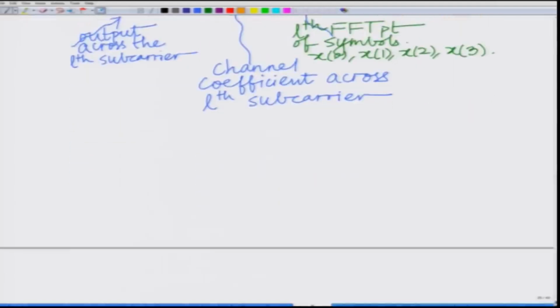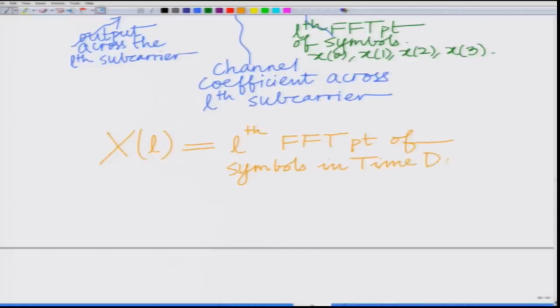Okay. So, now let us explore this quantity capital XL again. XL, as we said, is the Lth FFT point of your transmitted symbols, that is, the small xk symbols in the time domain.